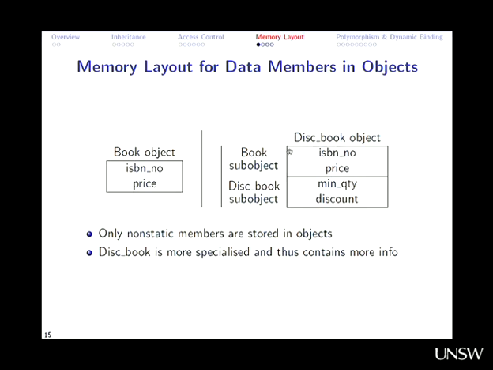So the top of this discounted book object in memory looks the same and is in the same layout as that book object. The new pieces of this discounted book follow. So the first part of a discounted book object contains exactly the same as the book object, and the second part contains the new stuff in that order.